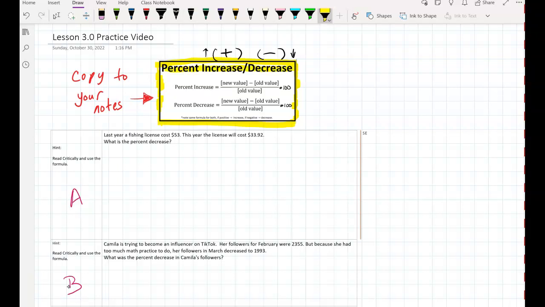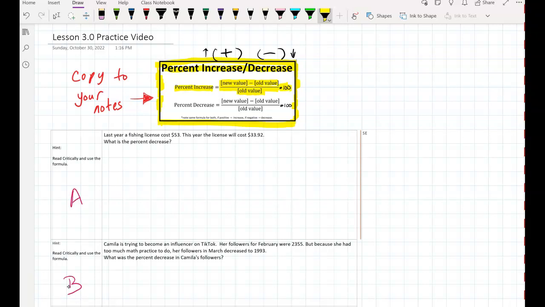So when we want to calculate a percent increase, you have to find the difference between the new value and the old value. So you subtract the new value minus the old value, and then you're going to divide that by the old value. And then when you're done, you're going to multiply that amount by 100 to find the percent increase.